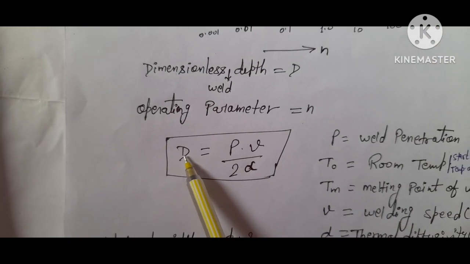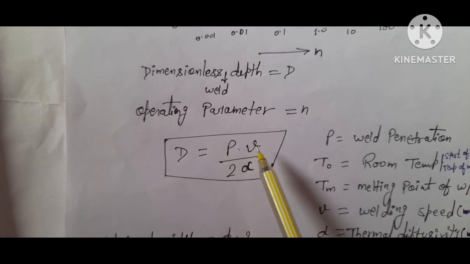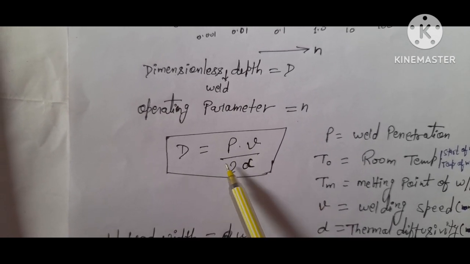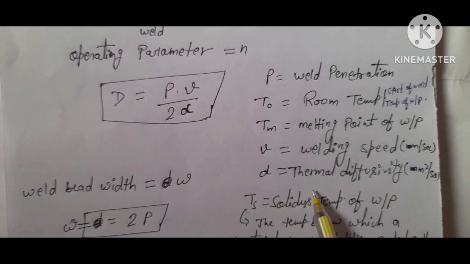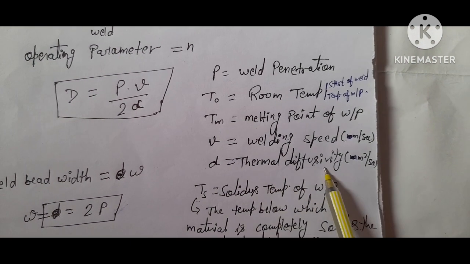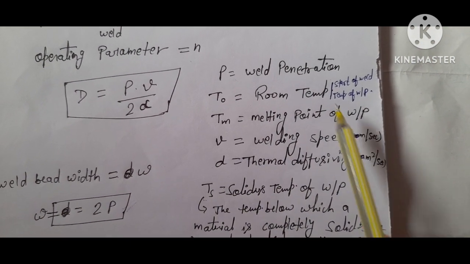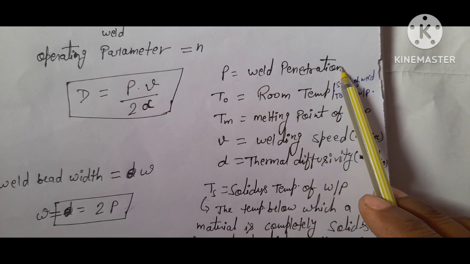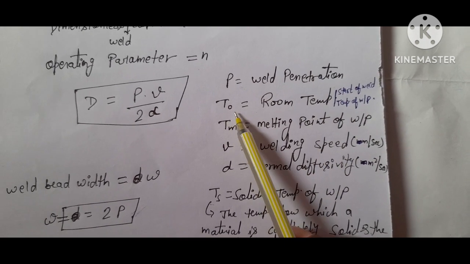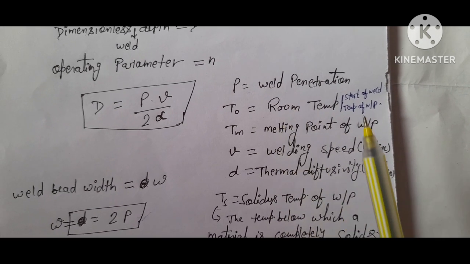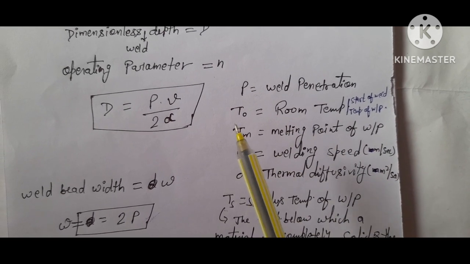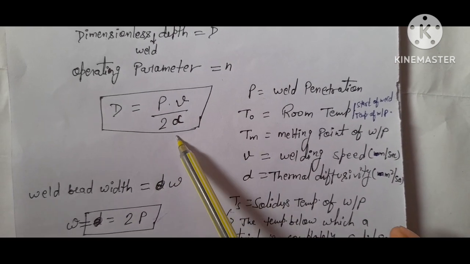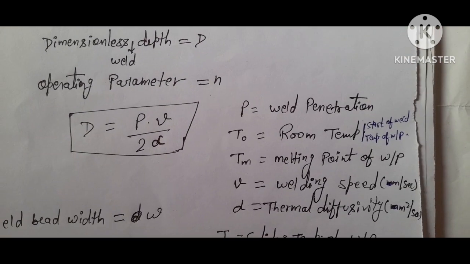So the weld depth D equals penetration multiplied by travel speed divided by 2 alpha, and alpha is the thermal diffusivity, meter square per second. Here P is the weld penetration, and T naught is the room temperature if your welded workpiece is at room temperature.